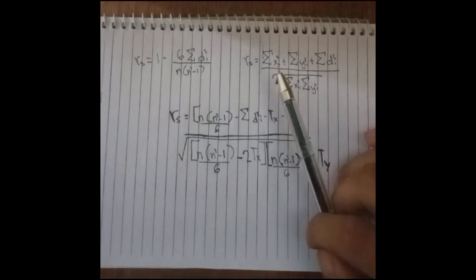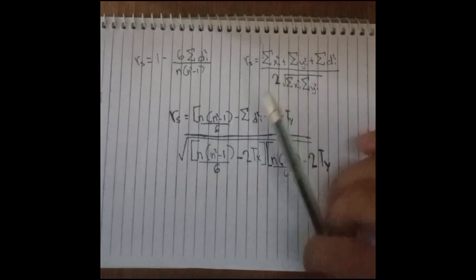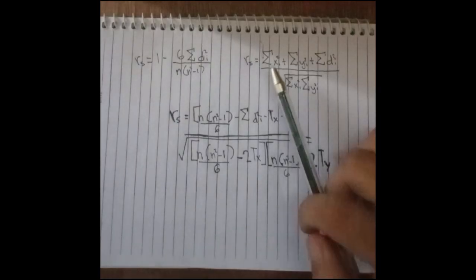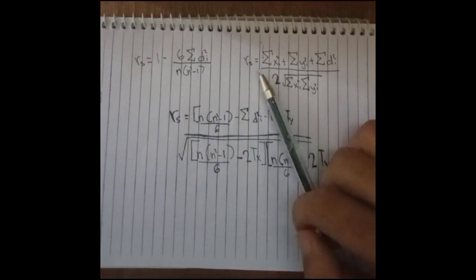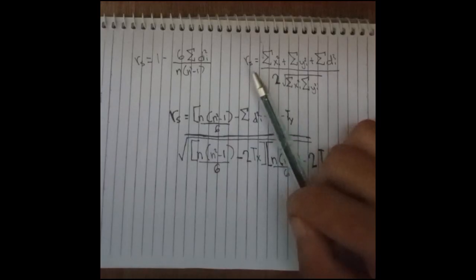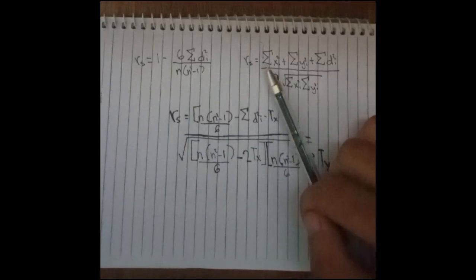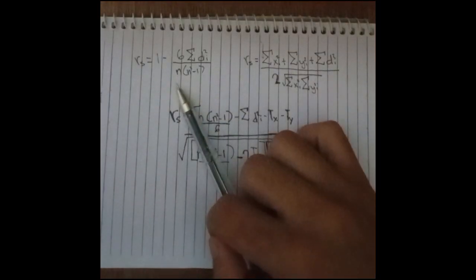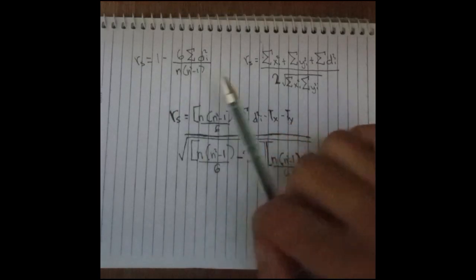And what if the data has similar or identical values in it? Then the ranks now have tied ranks, and Spearman adjusted the formula into this one. By the way, the n right here is the number of observations.